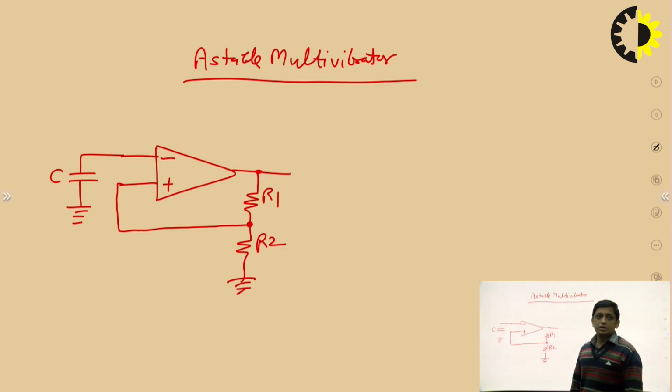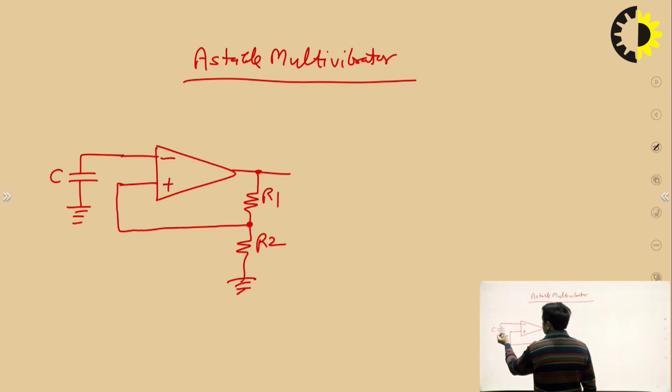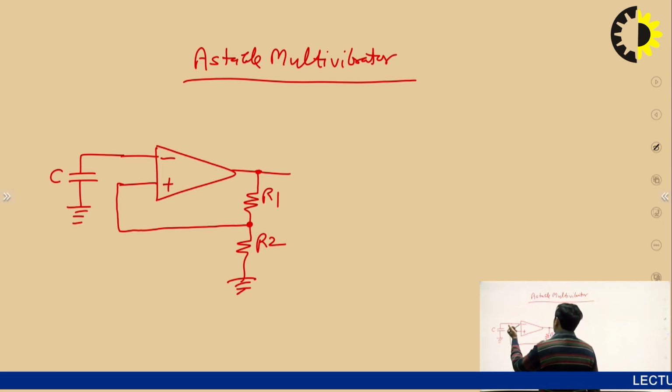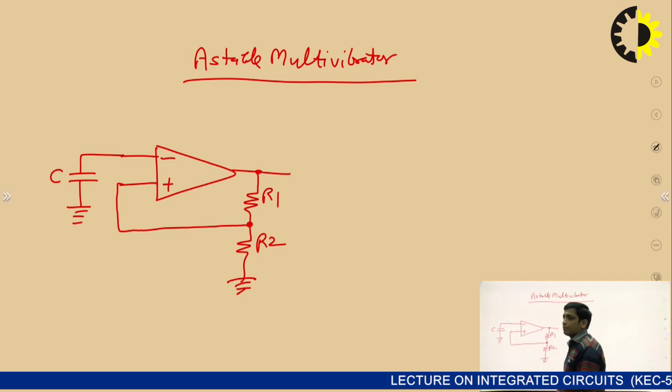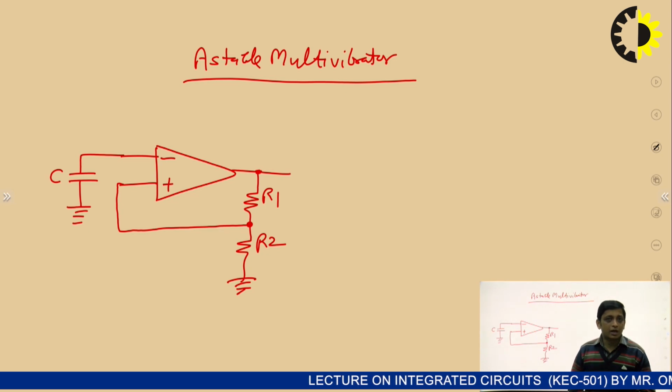That will continuously charge and discharge, but the capacitor will discharge only when it gets a discharging path. Now the issue is that the discharging path for the capacitor is only this inverting input terminal, but we know that the input impedance of op-amp is very high.